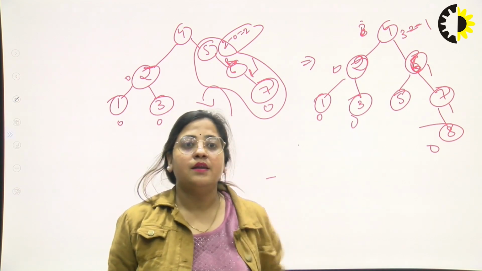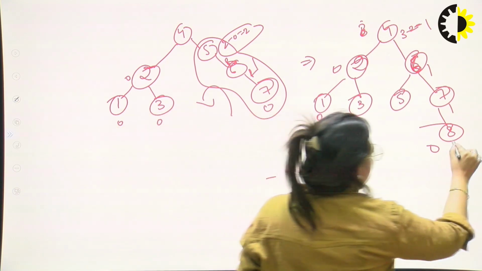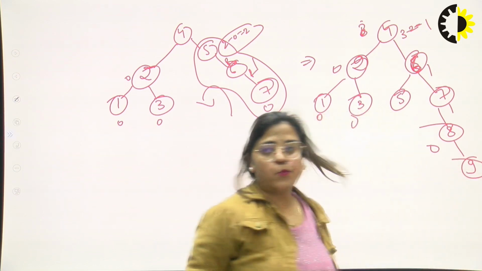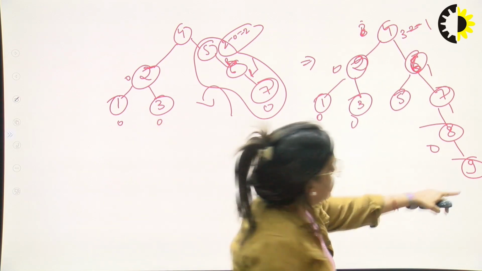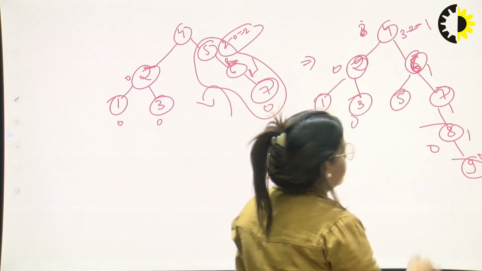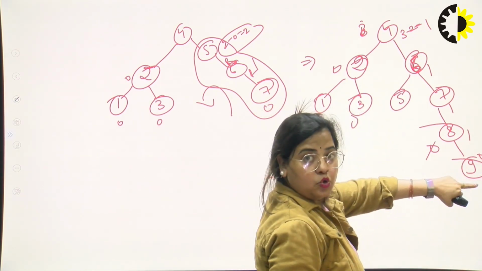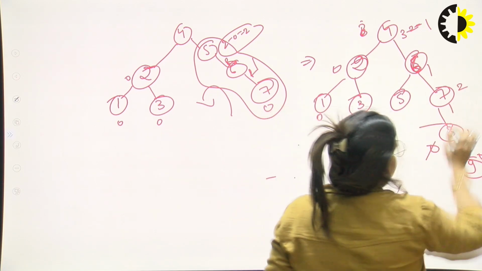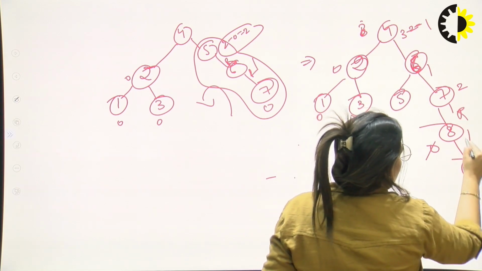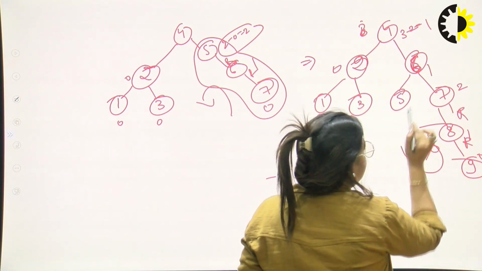Now comes the 9 point. Here we use this point, 9 comes. And check again balance factor. So balance factor is 0 but here it is 1 after including this 9. But here balance factor is changed. So this is 2 and rotation is RR. So anti-clockwise.